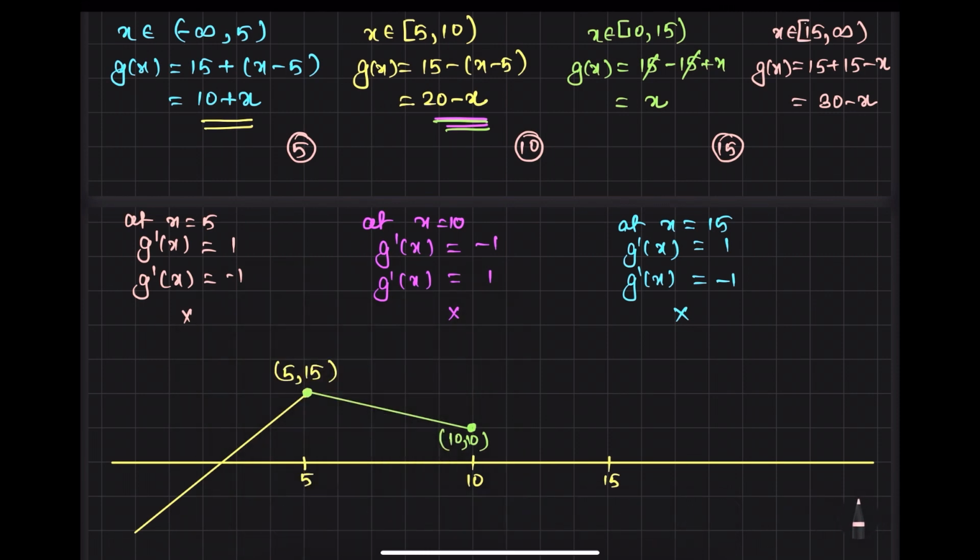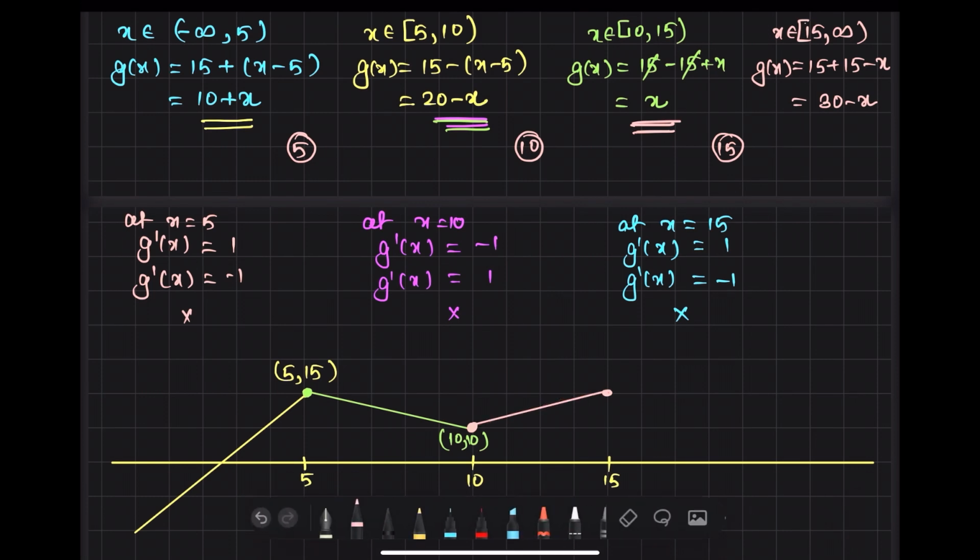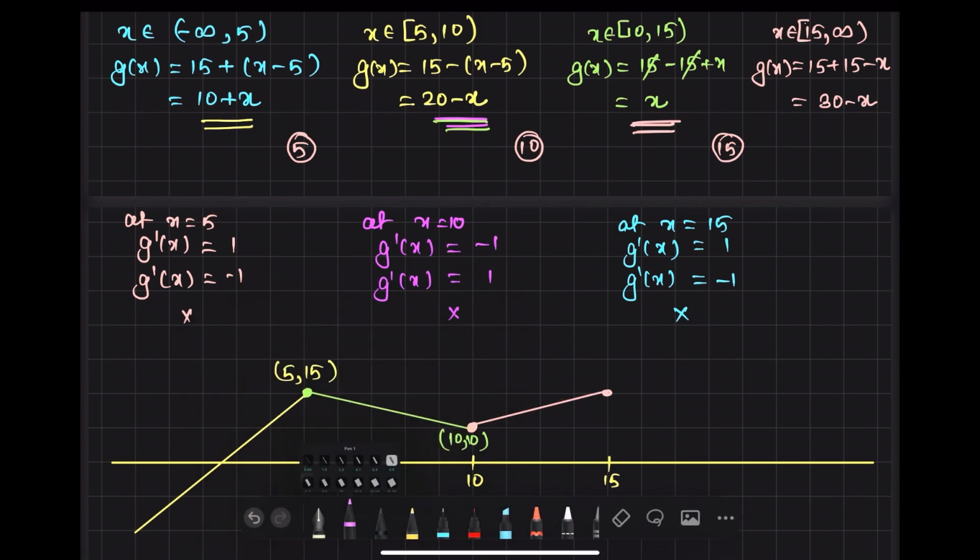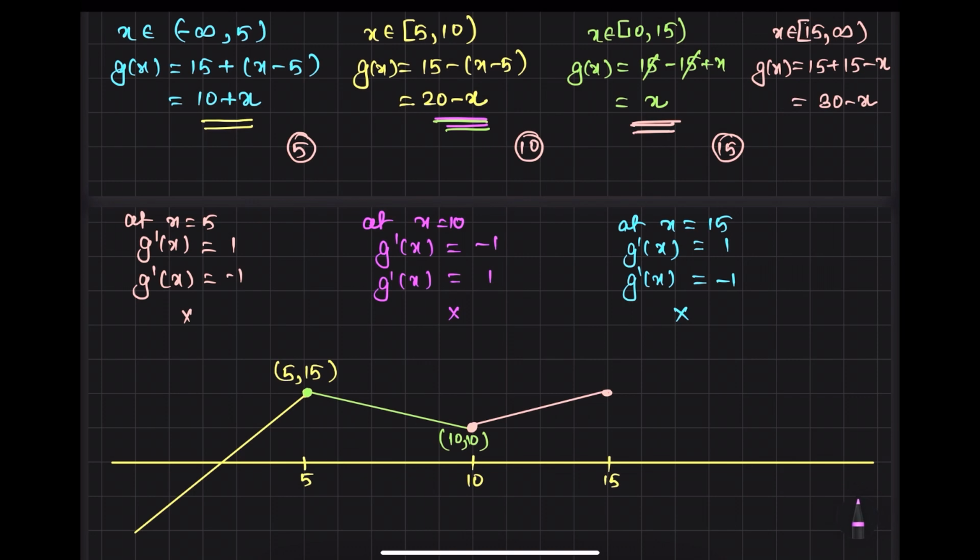At 10 it is 10, at 15 it is 15, so again at the same level. After that we use another definition: at 15 it is 15, so start from the same point. At 30 it is 0, so it will go this way.